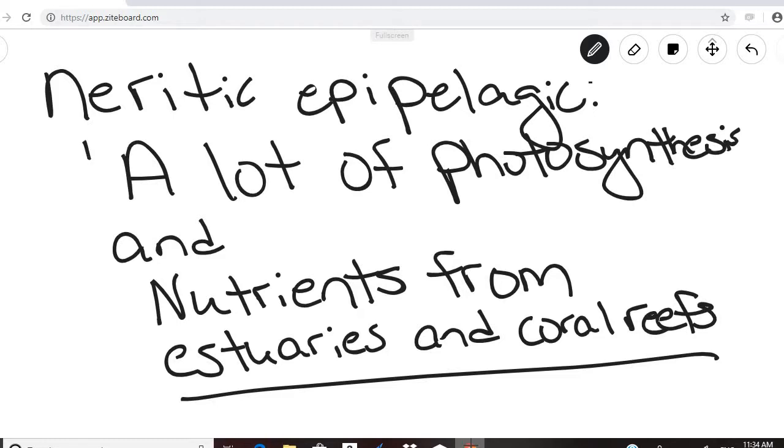So you will get photosynthesis occurring in the epipelagic zone, and you will get nutrients from estuaries and coral reefs. So in the neritic epipelagic, there is going to be a lot of food sources available.